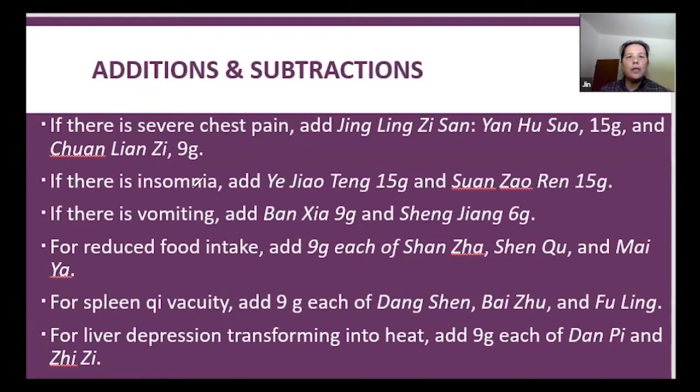So the modification part is basically pretty similar. We talk about the herbs here. Severe chest pain means more severe blocking there, so they add 金铃子散, that's the formula name.